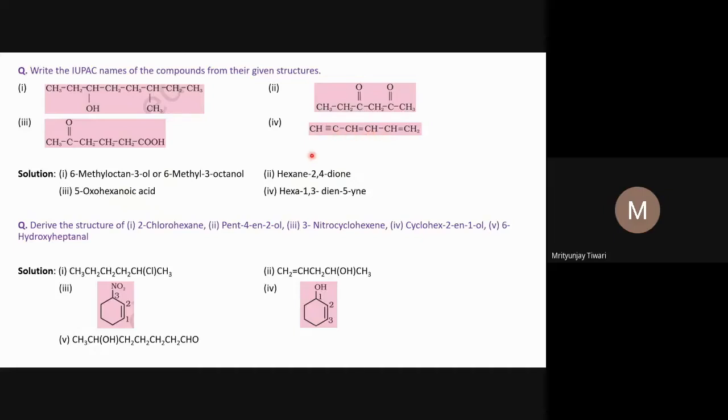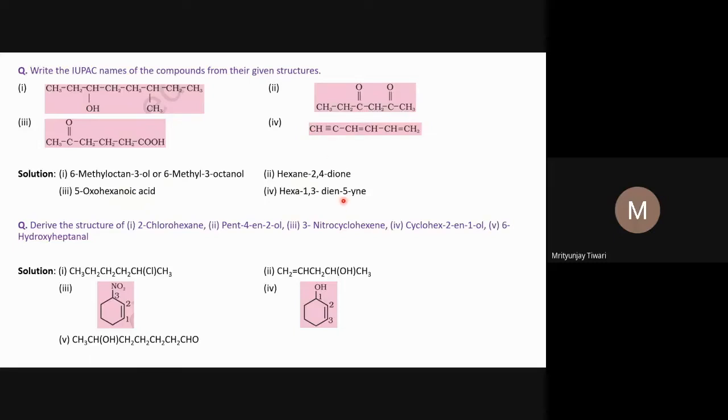So the triple bond is at the fifth carbon and the double bonds from this end are at the first and third carbon atoms. If you start from the other end, the triple bond is at the first carbon and the double bonds are at the third and fifth. So the double bond should be given preference in numbering, and so we start numbering 1, 2, 3, 4, 5, 6. However, in writing names, as ene comes first, ene should be written first.